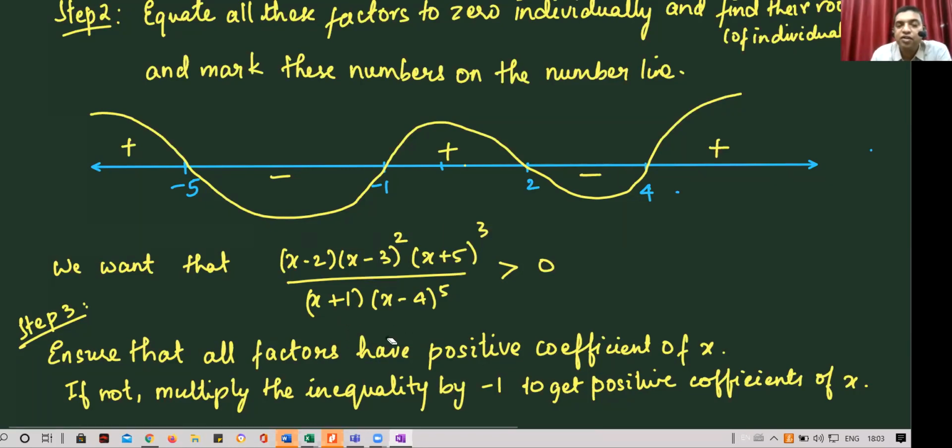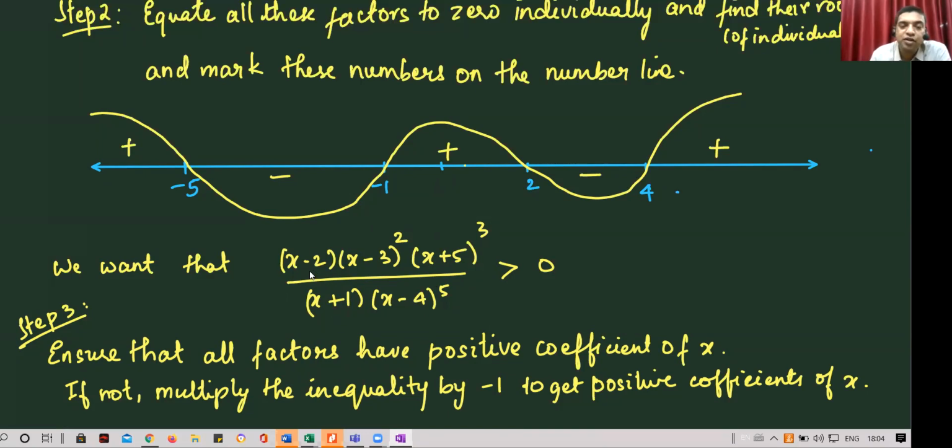So I did not calculate all this in detail. Once I ensure that the coefficients of x throughout are positive, I just went to the extreme right. I removed 0 in between so that I don't get confused, because I only want to write the roots of these individual factors.